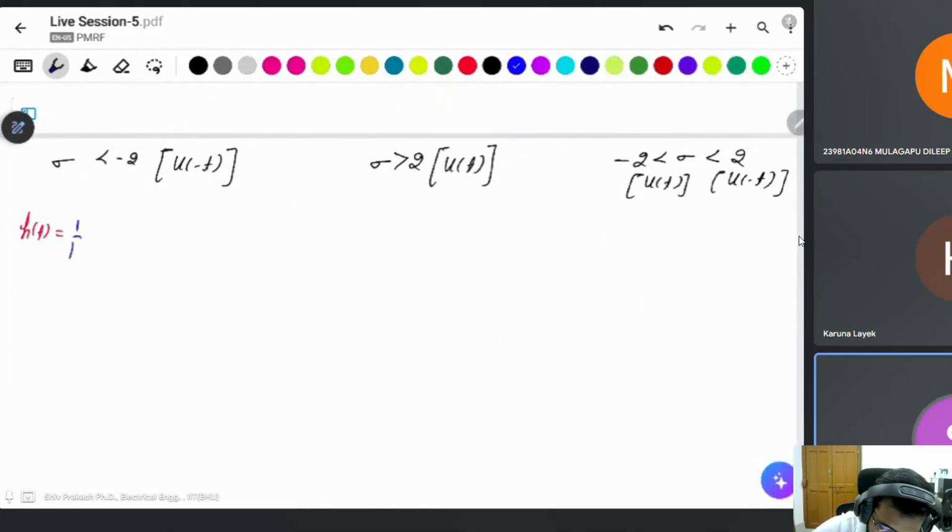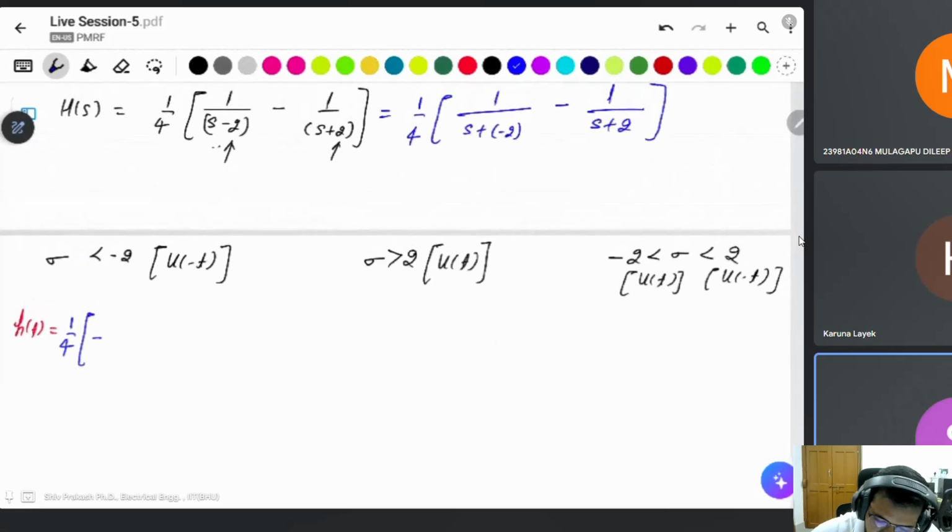Same thing, 1 by 4, minus for this one, minus of e to power of minus, then minus up to t, then u of minus t. Again the second one, same thing, minus of e to power minus at, because only the positive is there, that's why it will be minus, then minus, and minus will be positive, then plus here u of minus t.